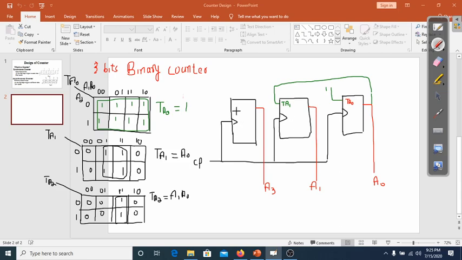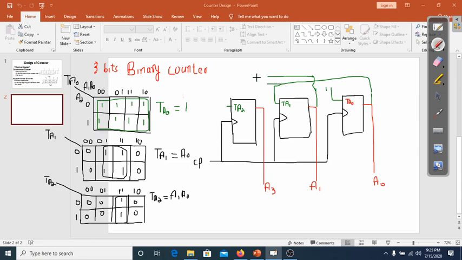Now this is the input for TA2, and this is equal to the A1 and A0. So I will use this A1, and this is the A naught.